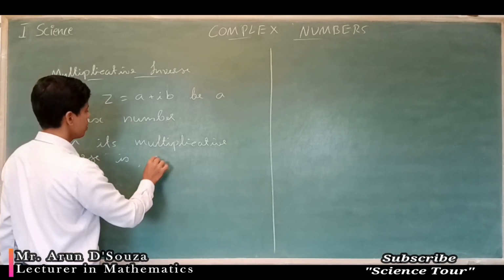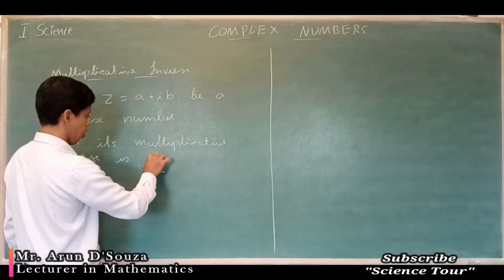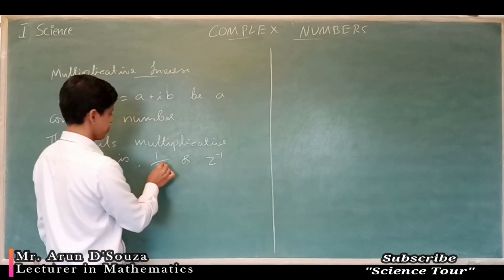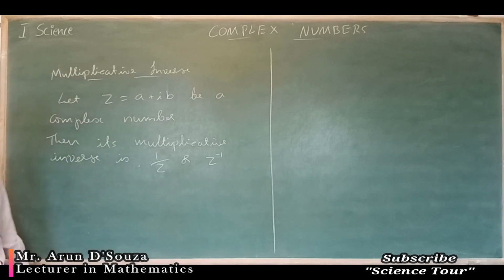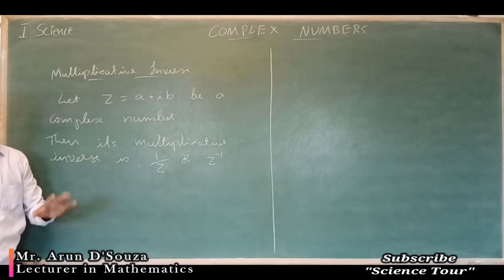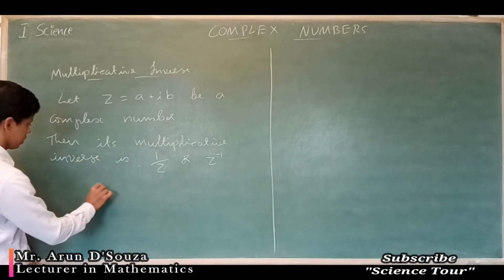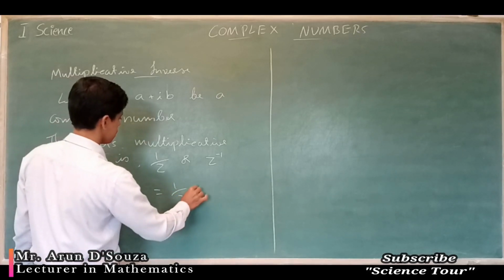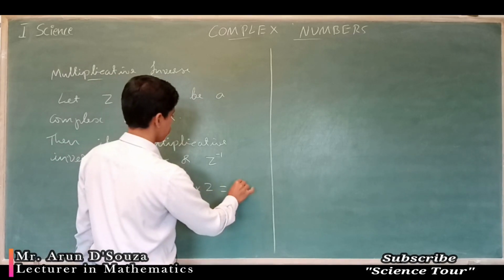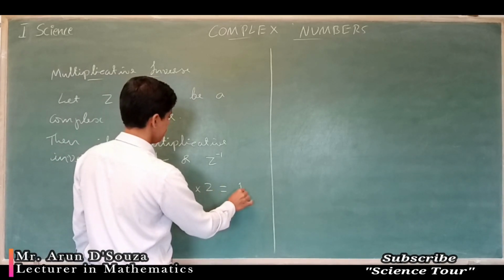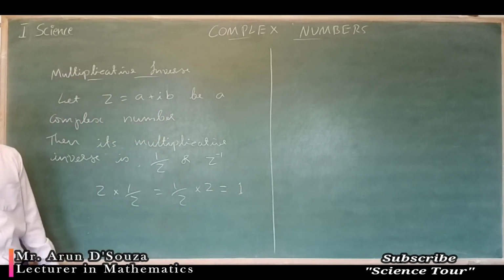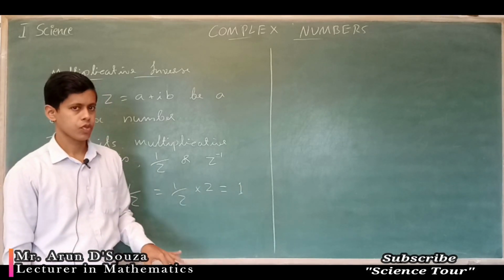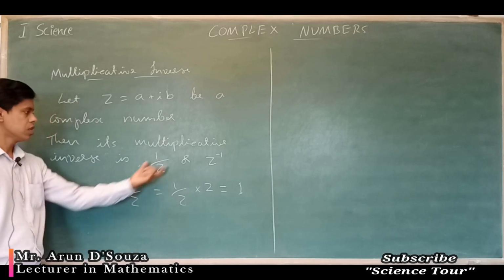It will be 1/z or z to the power minus 1. Right. So either 1/z or z to the power minus 1. So z into 1/z, that is equal to 1/z into z will be equal to 1 because 1 is the identity for multiplication of complex numbers. Okay. So this is like 1 plus i0.